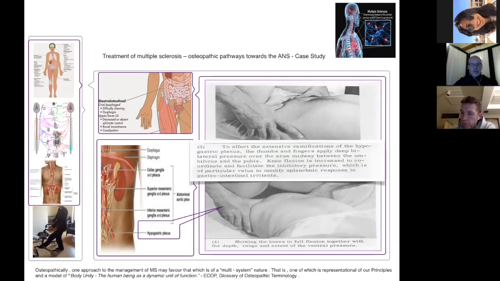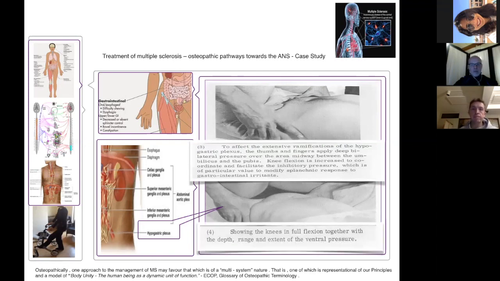So inhibitory pressure, splanchnic response as a consequence of that, in terms of the ventral plexuses that innervate. And of course, we know the degree of flexion together with depth and range.